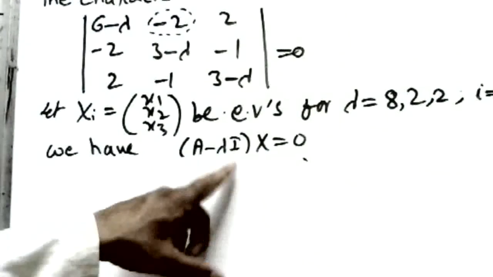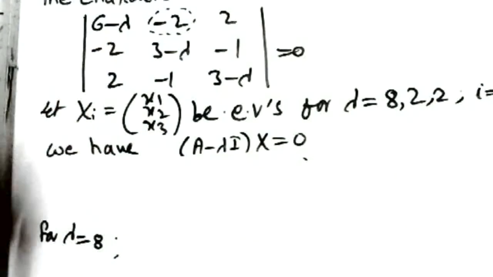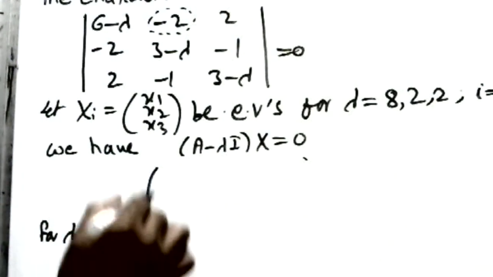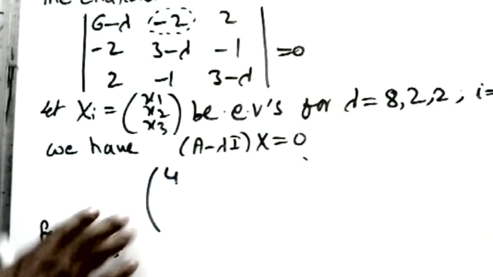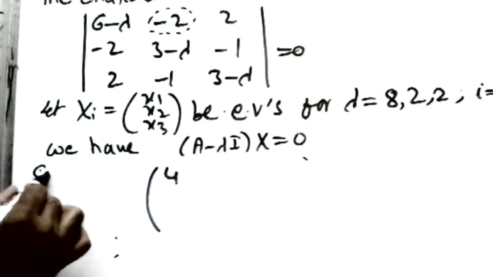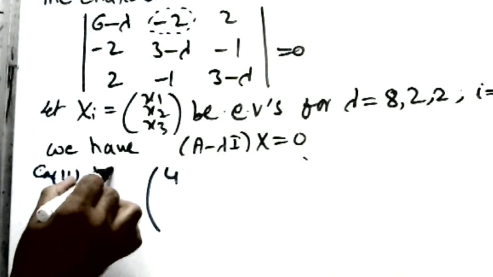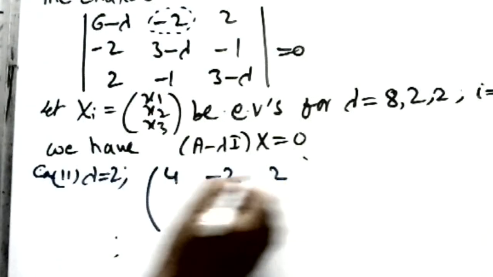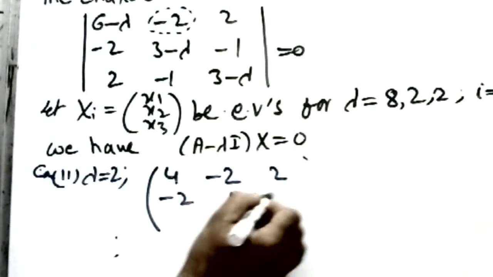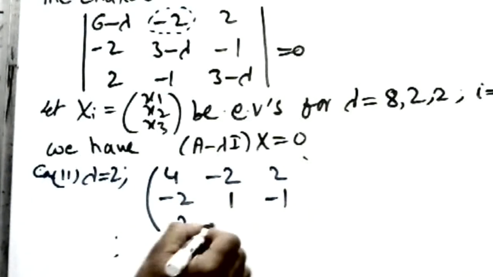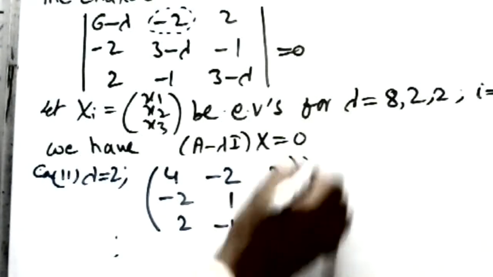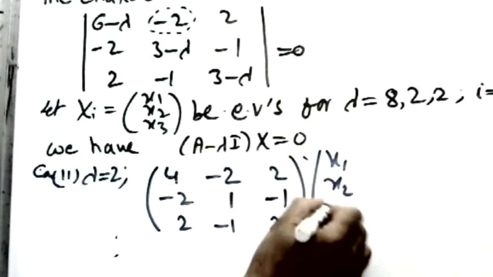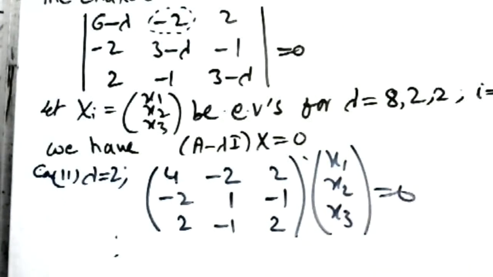See here, case 2, lambda equals to 2. 6 minus 2 will be 4, 6 minus 4 is 2, minus 2, 2, minus 2, 3 minus 2 will be 1, minus 1, 2, minus 1, 3 minus 2 will be 2, into x1 x2 x3 equals to 0.